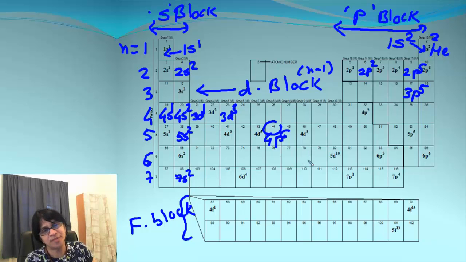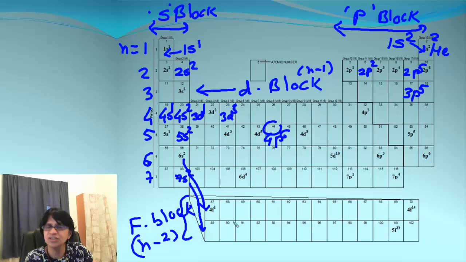Now what happens with F orbital? With F orbitals, we go to n-2, we go 2 levels lower. And the first row, which we call lanthanides, is an extension from level 6, and the actinides is the extension from 7. So whenever we are going to use F orbital, we are going to use n minus 2, going 2 levels below.